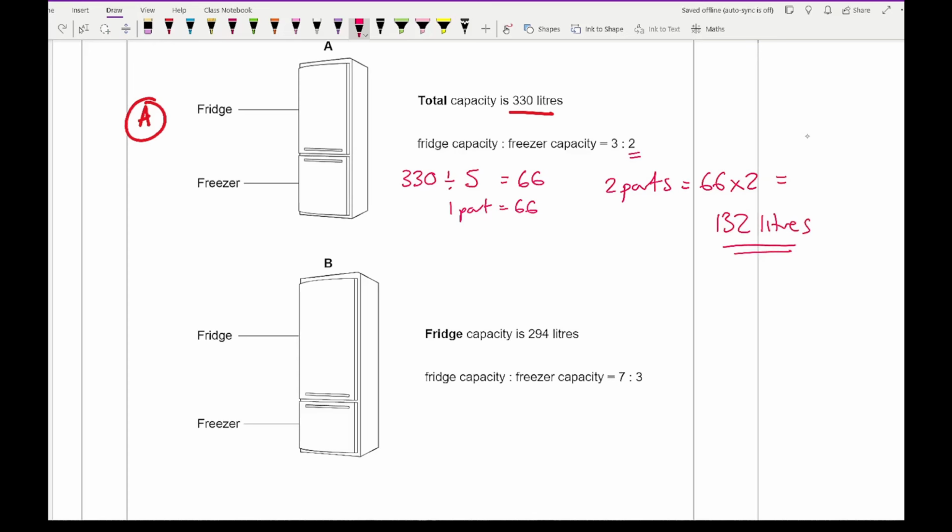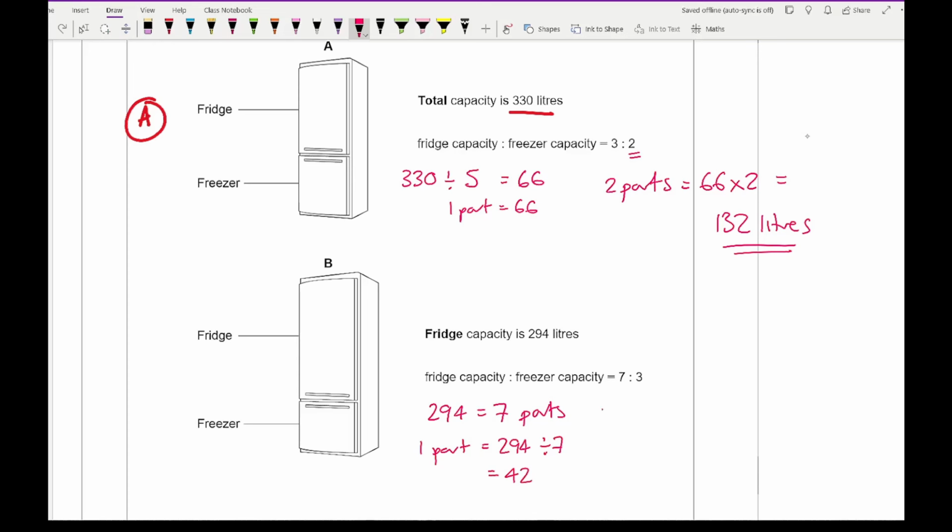Then for B, in this case it's only giving me one part, so 294 litres is equal to 7 parts. So then to work out one part, it's going to be 294 divided by 7, which is 42. So one part equals 42.